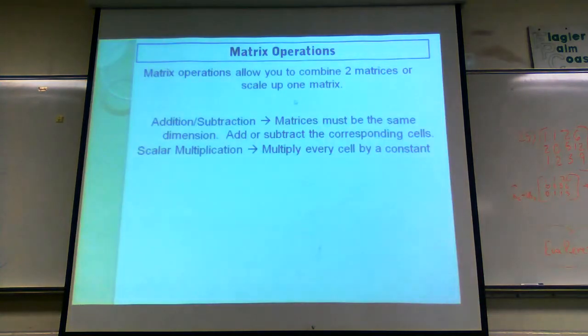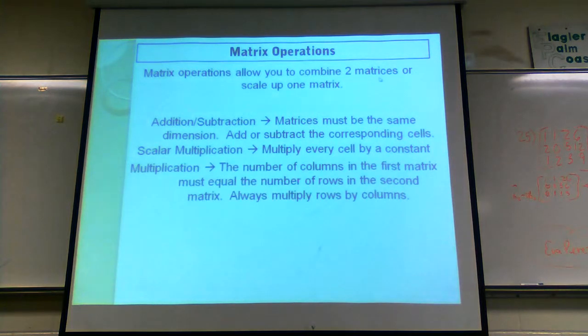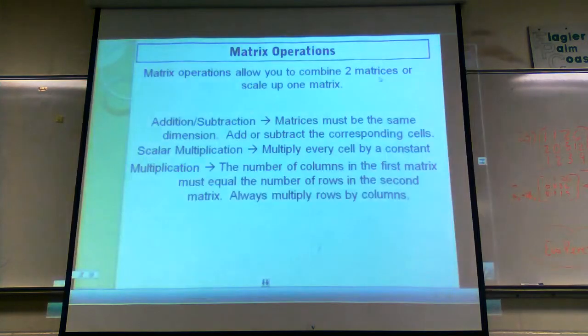The last one, when you first do matrices and you start doing the operations, the multiplication is usually the thing that gets to people, at least for a while. With the multiplication, remember that when you multiply them, you're going to check the dimensions first.